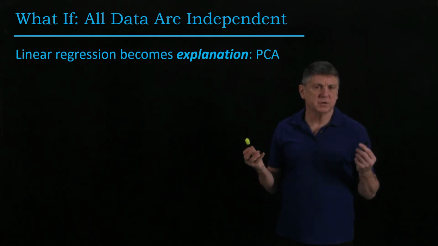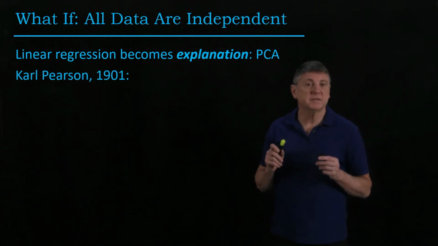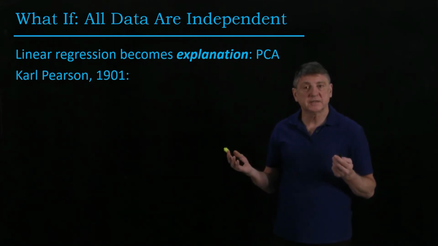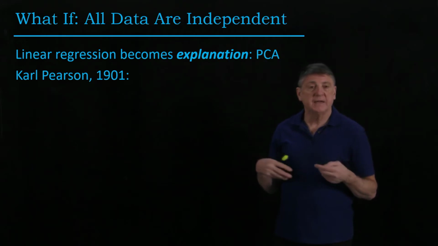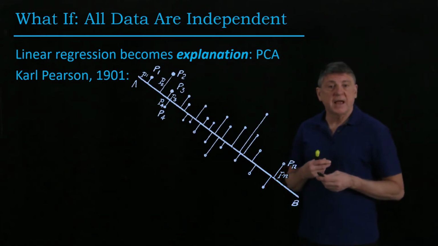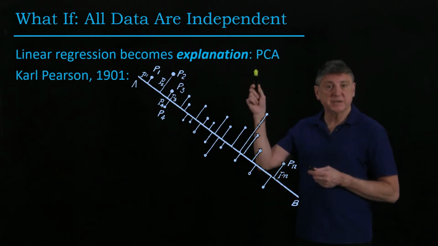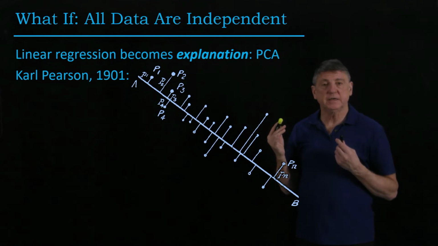How old is this concept? Well, it dates back to 1901 by the famous mathematician and statistician Karl Pearson. And in one of his foundational papers, we can find this diagram. Here, he is writing out exactly this situation of what if the data are independent.